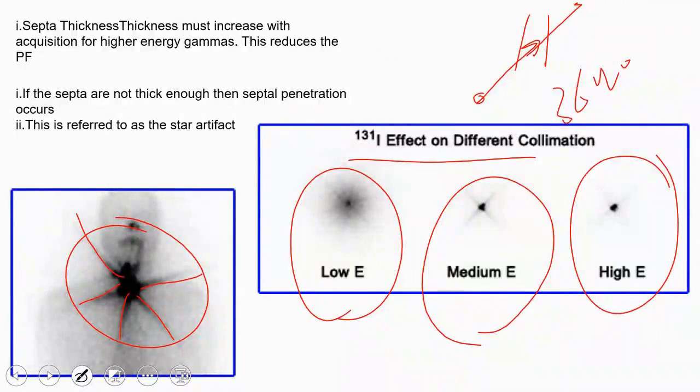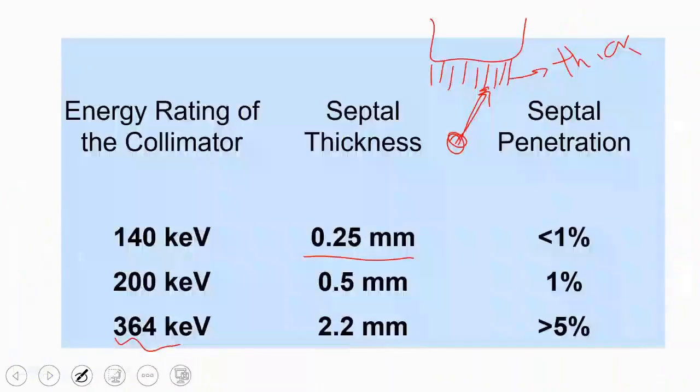A septal thickness of 0.25 millimeters results in less than 1% septal penetration. Now for the 200, which is medium energy, a septal thickness of 0.5 millimeters is enough to achieve less than 1%. The thickness of the collimator is 0.5 millimeters, which is sufficient.